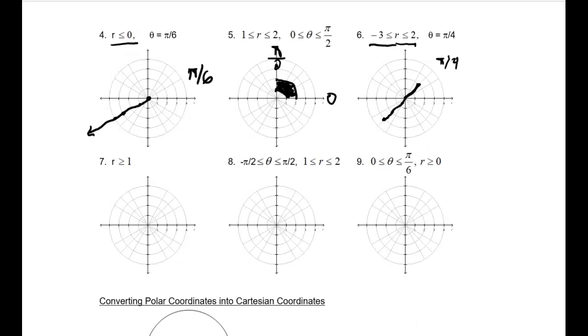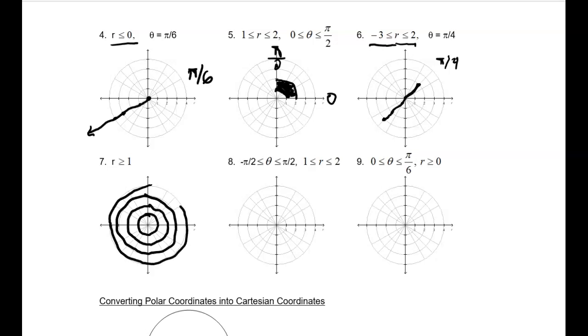7 is an interesting one. There are no angles, so that means for every single angle, we would want an r equal to 1. So that's our circle around this first one. But we would also want a circle at 2, and then 3, 4.